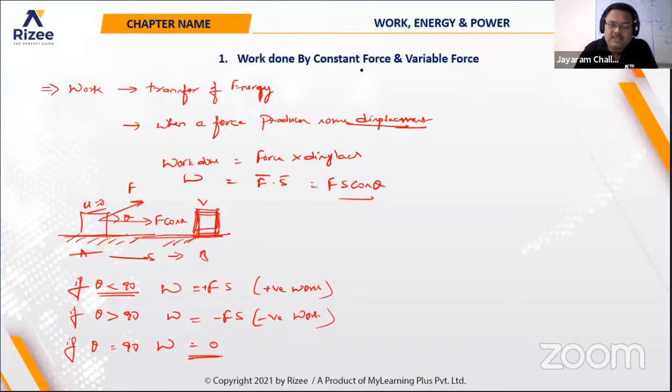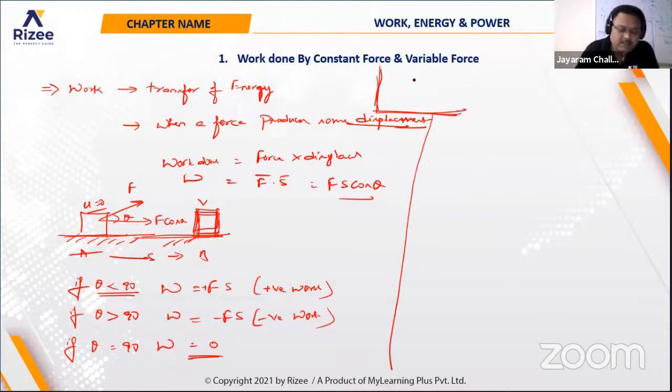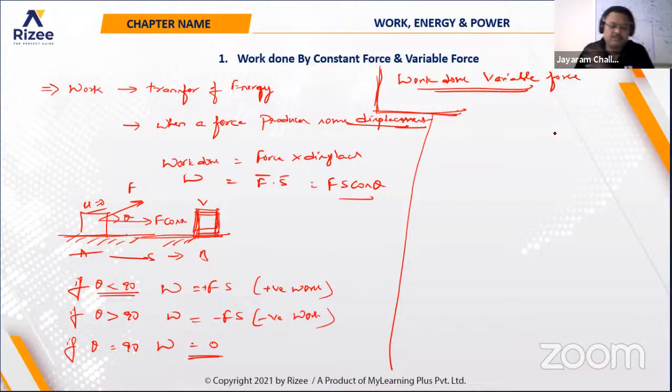Now when we see the variable work done conditions: this is the case where we have seen the work done by a force is constant. Now if we go for the work done by a variable force, in this case the force is changing with respect to something, or at any instant the force is changing.